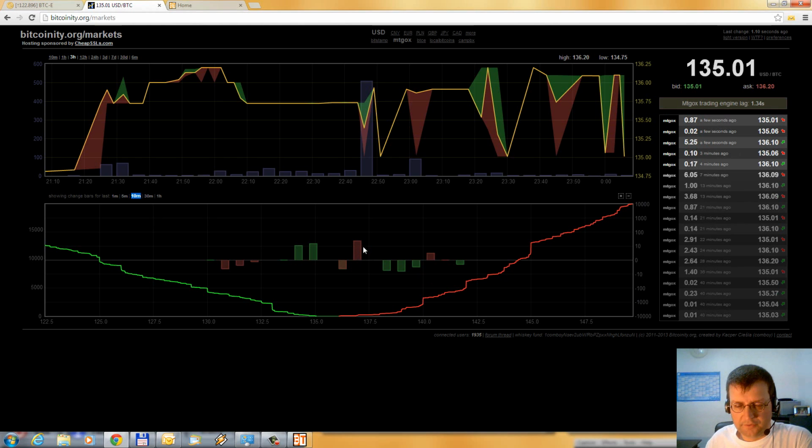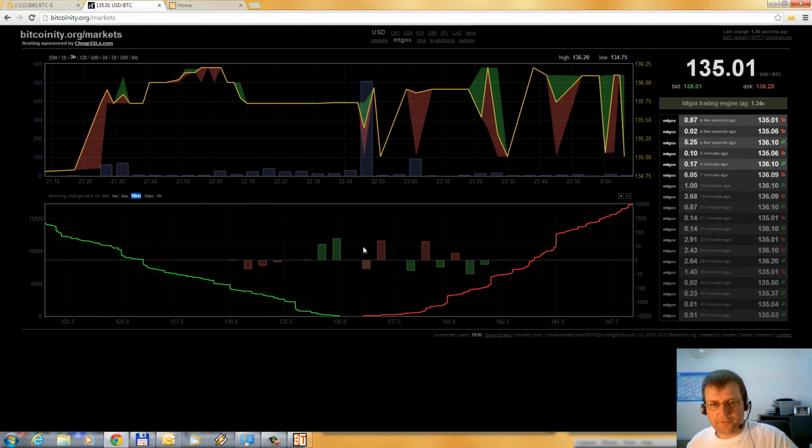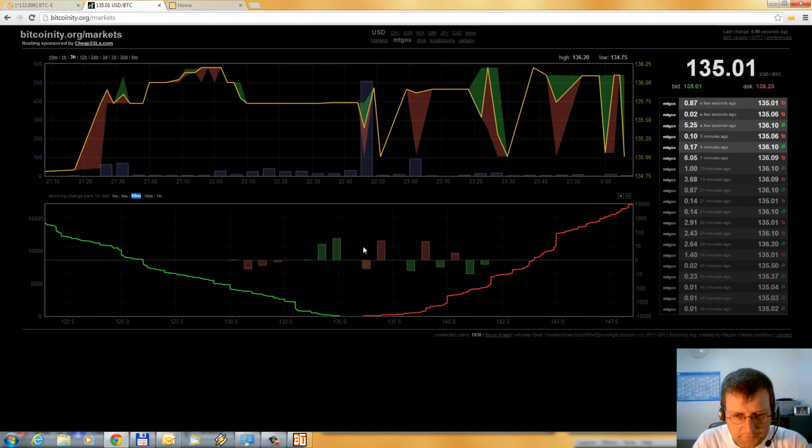So what are these bars all about? The green ones will make the price go up, and the red ones will make the price go down.